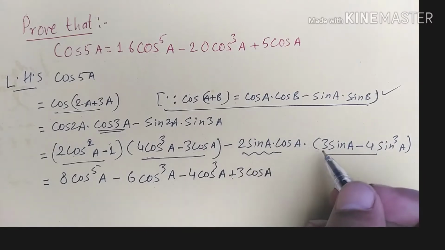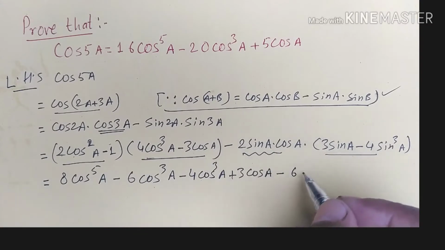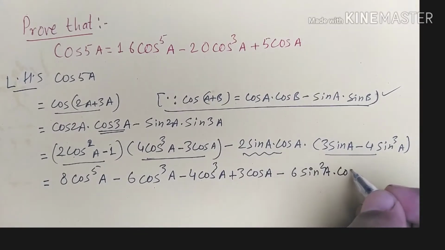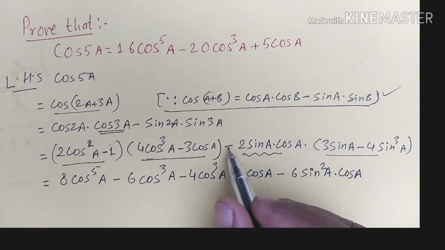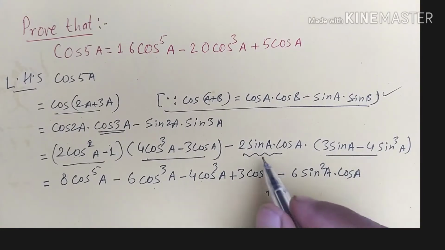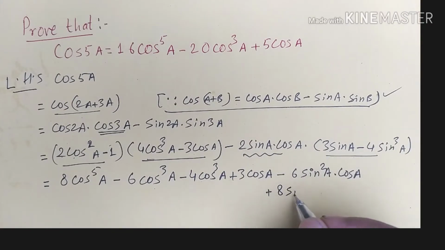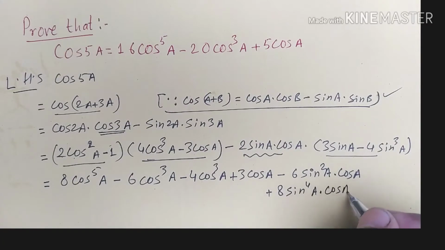Now this term minus is here, 2 3 are 6 sin square a dot cos a. Now this minus into minus will be plus, 2 4 are 8 sin cube a dot sin a will be sin power 4a dot cos a.